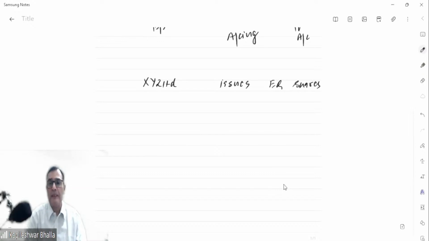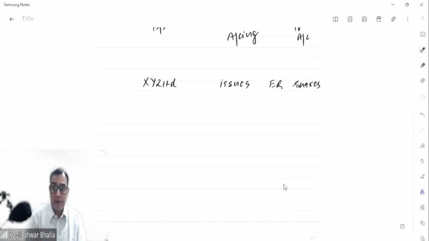Let's say, for example, we've got a company XYZ Limited, and XYZ Limited issues equity shares. In this particular case, somebody would definitely subscribe for these shares as well.